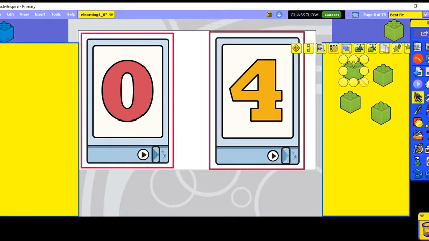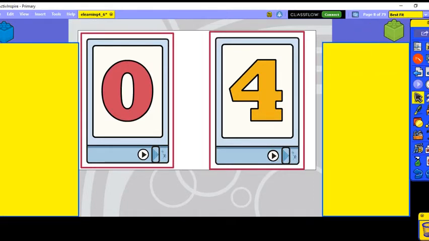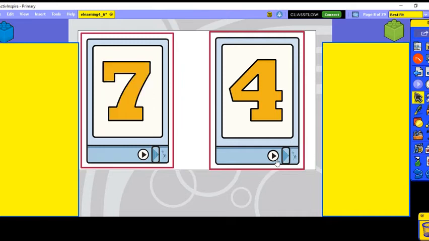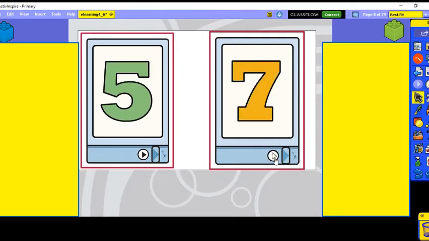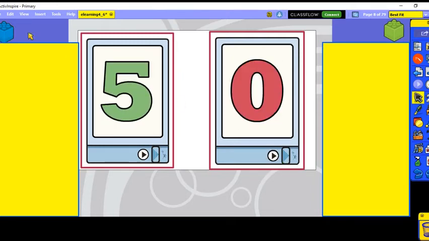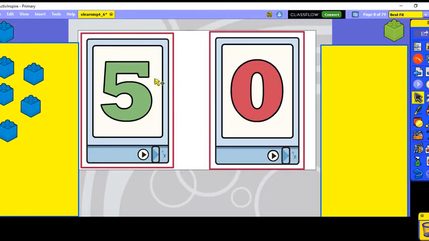Okay, let's do one more. Okay, we've got 5 and 0 this time. So let's get 5 over here. And we've got 0 over here. So 5, is it more or less than 0? More. 5 is more than 0. 0 is less than 5.